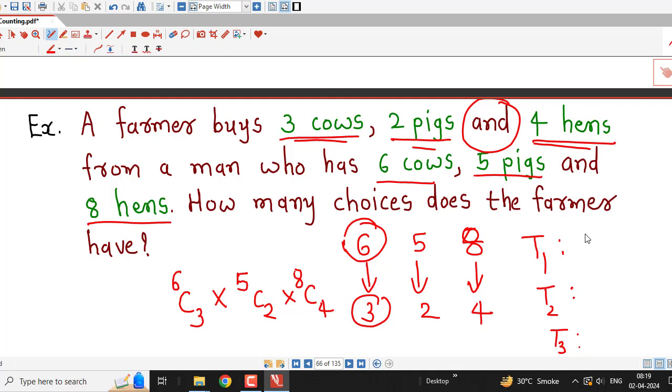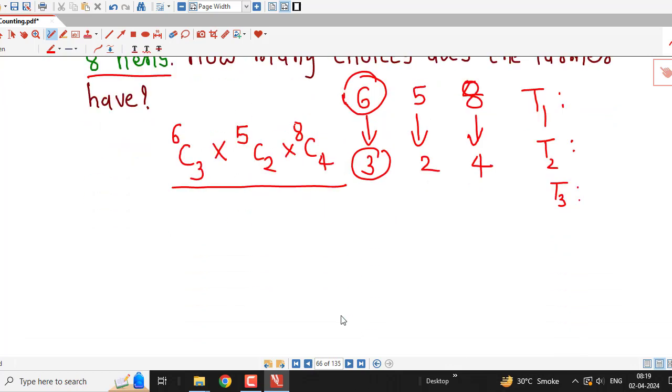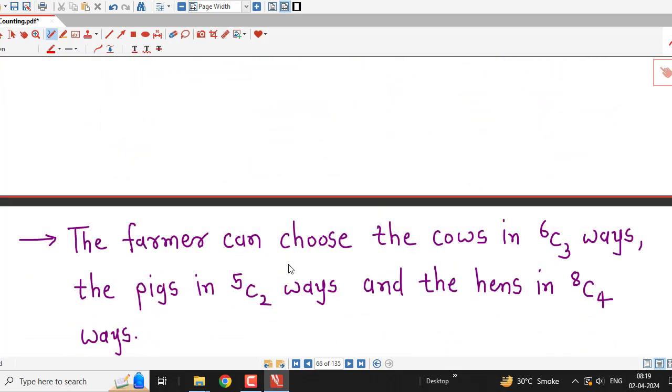So the number of ways the farmer can select cows are 6C3. The number of ways the farmer can select pigs are 5C2, and the number of ways the farmer can select hens are 8C4, and therefore by the product rule the total number of ways of doing all these 3 tasks is given by the product of these 3, and that I have calculated here.